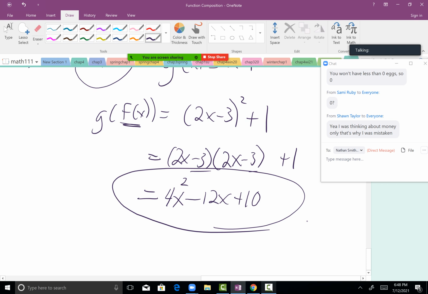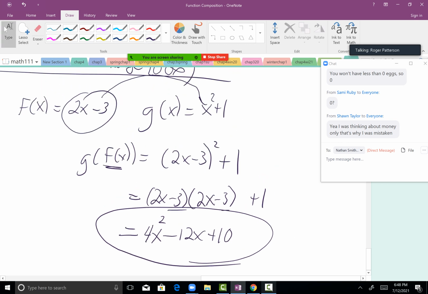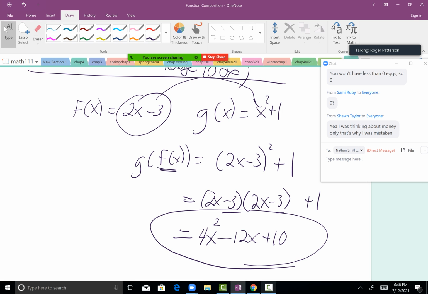Now, let's go back and look at the domains. First we got to look at this domain. What's the domain of that? All real numbers, right? So I'm just going to go like this, all reals.